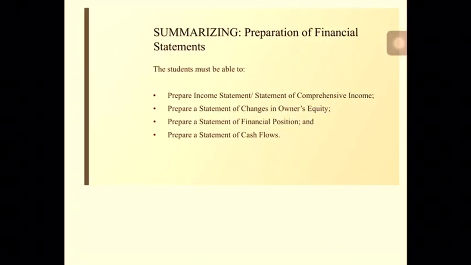At the end of this lecture, you should be able to prepare an income statement or a statement of comprehensive income, a statement of changes in owner's equity, your statement of financial position, also called your balance sheet. You also have to learn how to prepare a statement of cash flows.